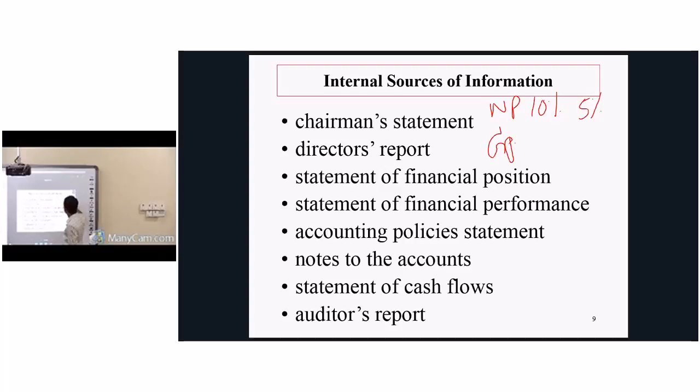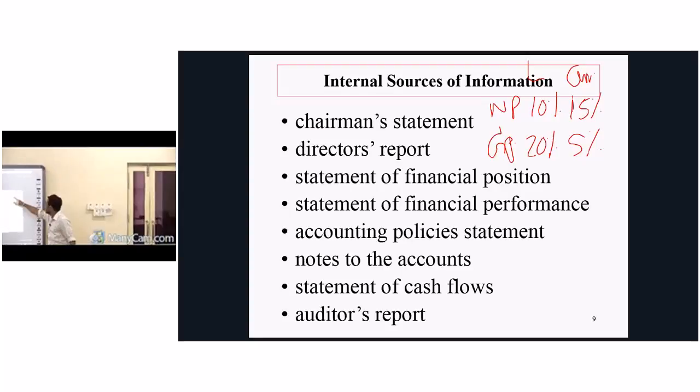Last year GP 20%, so it is 15% and here it's 5%. This is last year, this is the current year.